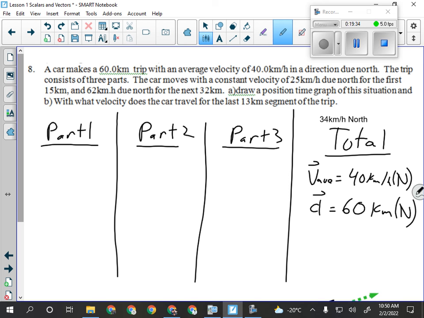The trip consists of 3 parts. The car moves at a constant velocity of 25 kilometers per hour due north for the first 15 kilometers. All right, so 25 kilometers per hour north, 15 kilometers north. Okay, and then 62 kilometers per hour due north for the next 32 kilometers.